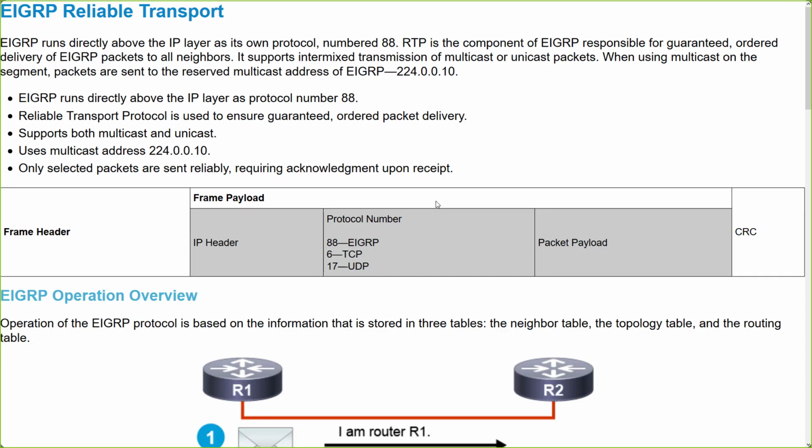Now, as a protocol, EIGRP runs directly on top of IP. OSPF and EIGRP are the only protocols, actually IS-IS, I believe, also runs on top of IP, but RIP, the Routing Information Protocol, and BGP, interestingly enough, are application layer protocols.